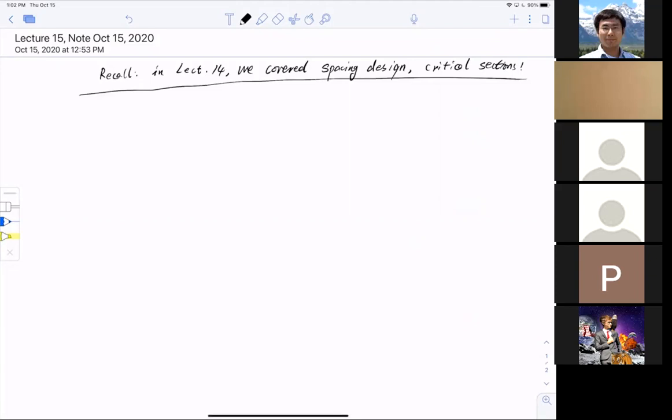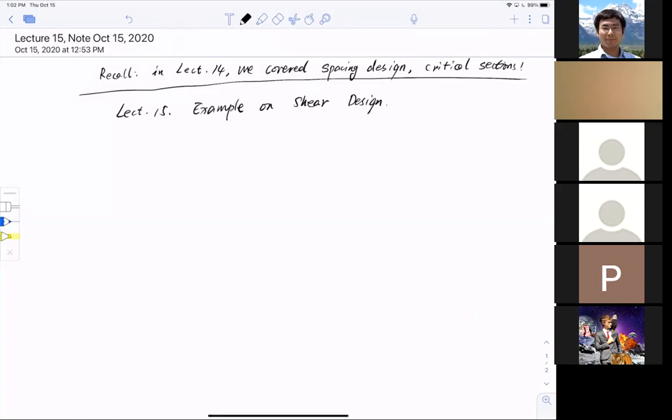There are different scenarios, and I don't want to waste too much time going over them again, since it was just yesterday, so I hope it's fresh. But now, today, we're going to lecture 15. We're going to give an example on shear design.